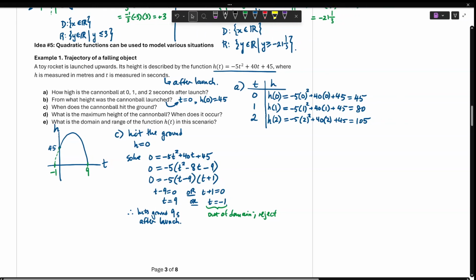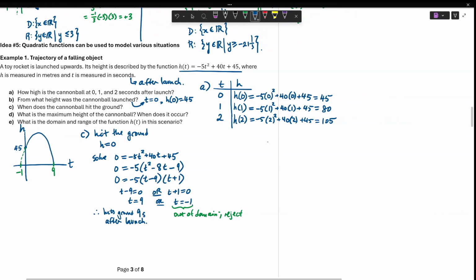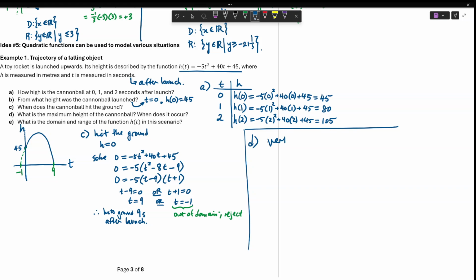Okay, let's do part D now. Part D says, what's the maximum height of the cannonball, and when does it occur? Remember, when we're talking about maximum or minimum, really you want to think about the vertex. You could find the vertex in a variety of ways. For example, you could complete the square.